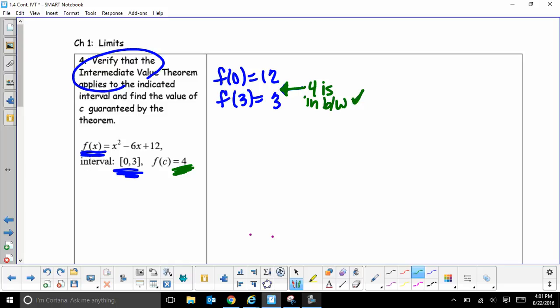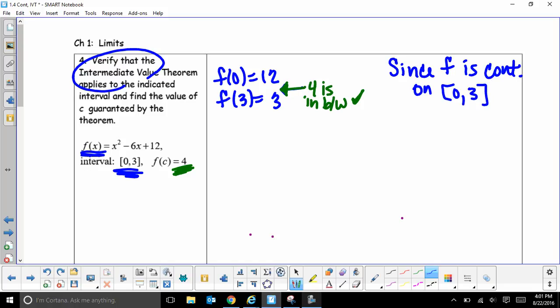So then I'm okay to try to apply the intermediate value theorem, but the intermediate value theorem makes me check continuity of f. So for AP writing, here's how you can write out the theorem. We're not going to say if anymore. We're going to say since f is continuous on the interval we're talking about, 0 to 3.